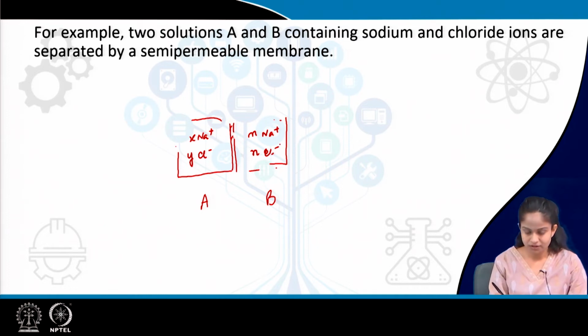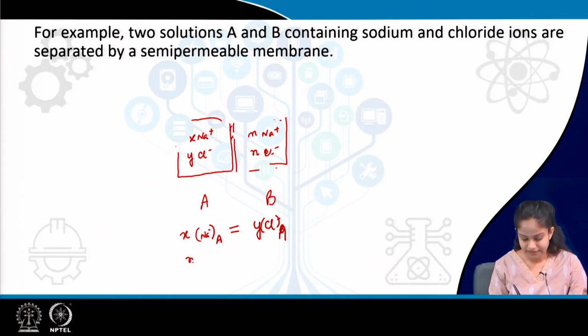As per the rule, for the solutions to be in equilibrium, the number of cations in one solution should equal the number of anions in the same solution, so x equals y in solution A. Similarly, in solution B, m sodium ions should equal n chloride ions.